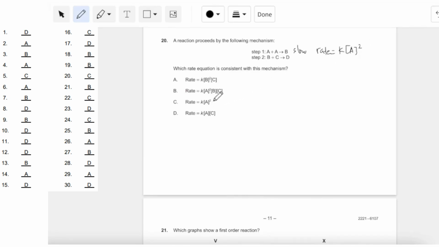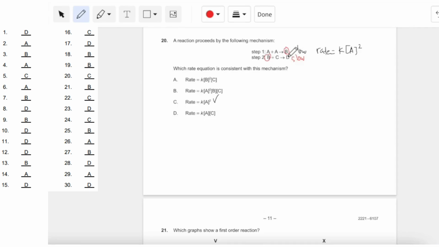So we check this one. What if now this one becomes slow? We check here, it forms B, and this one also has B. So it means B is the intermediate product.